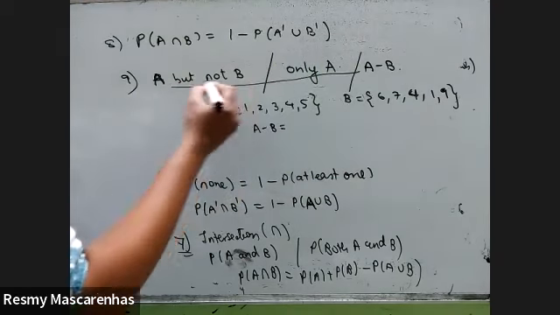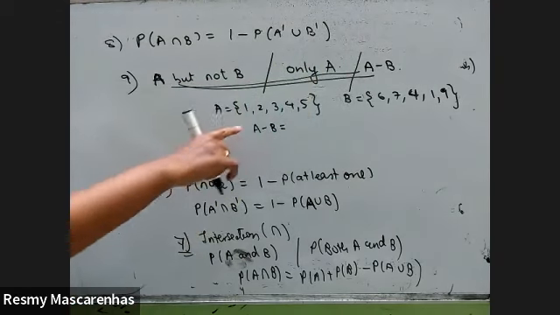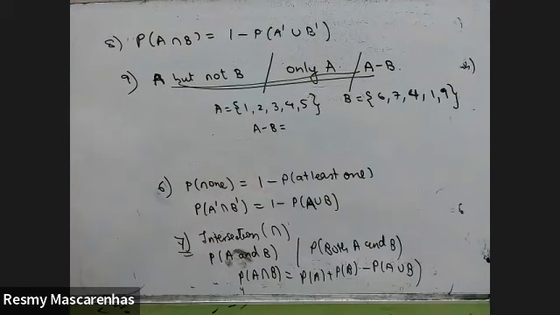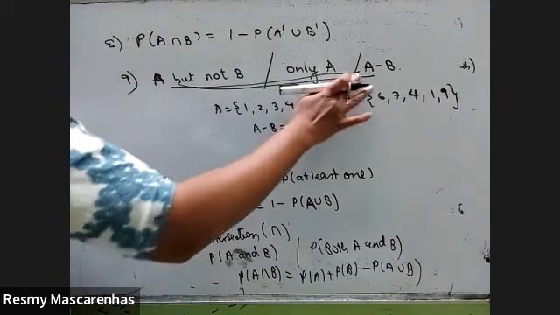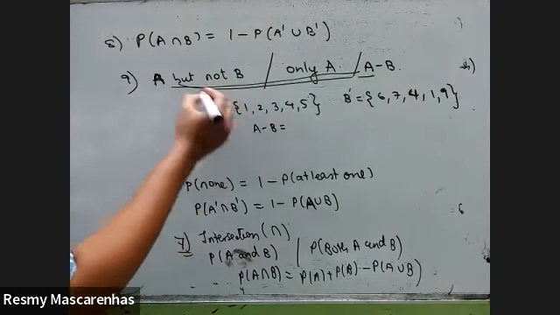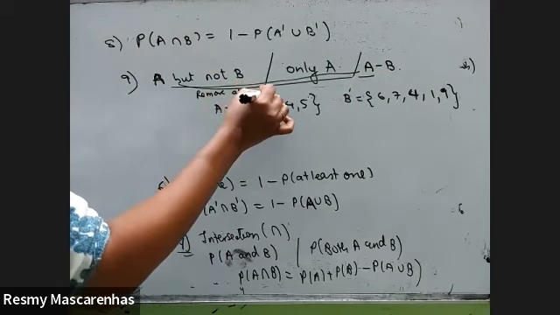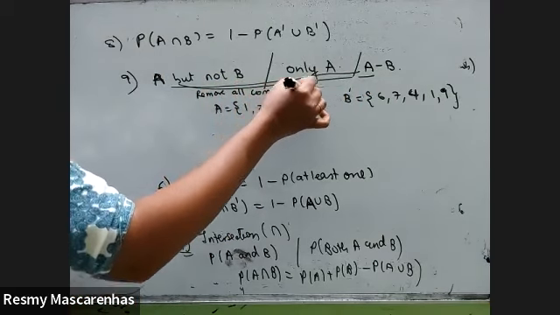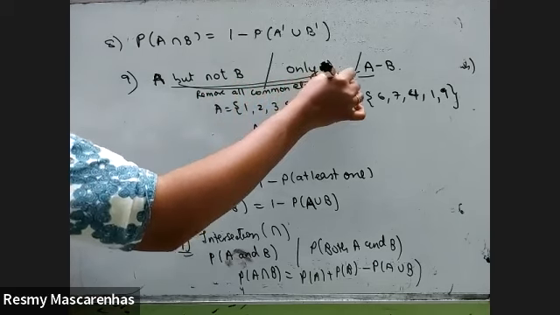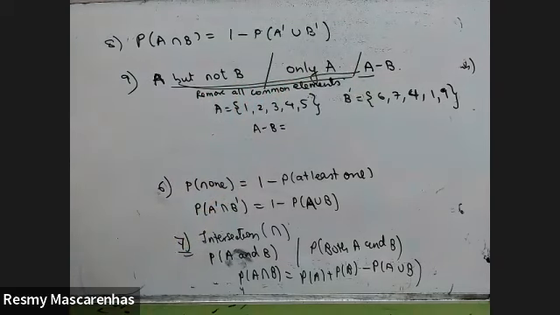All these things mean the same. Even if I ask to find only A, basically I want to discard B. So here I have to remove all common elements. I have to only remove the common elements.